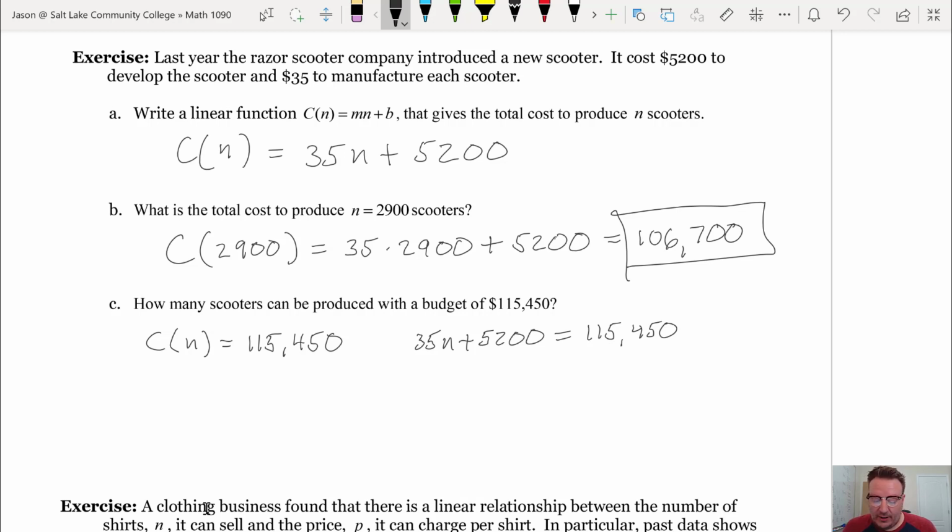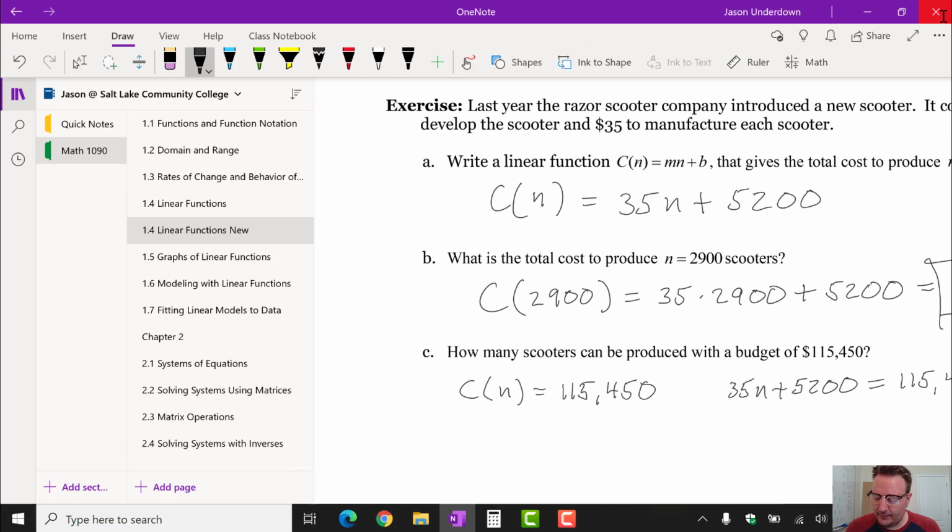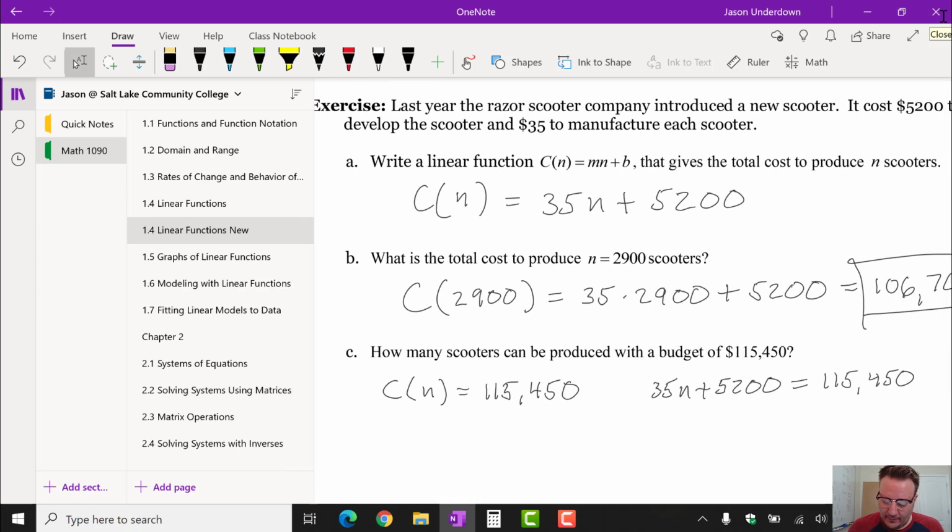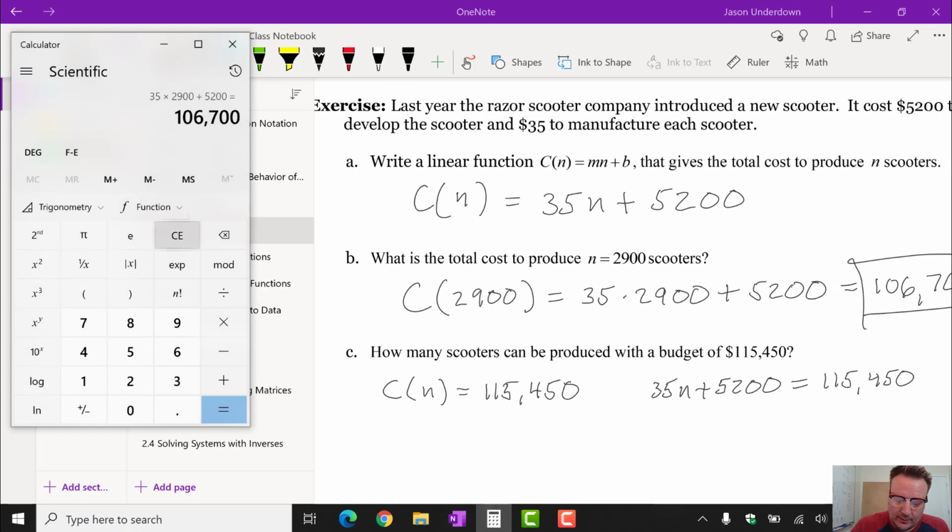Okay, to solve the equation, I need to subtract 5,200 from both sides. Let's see, I'll use the calculator again here. We want to do 115,450 minus 5,200.